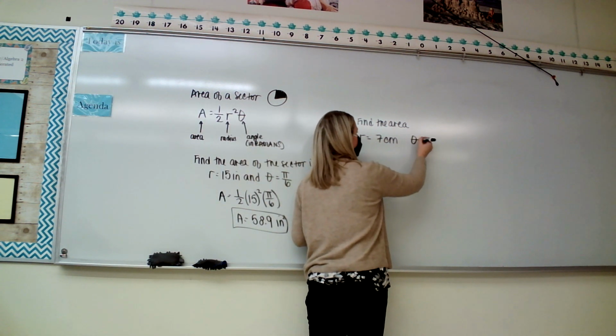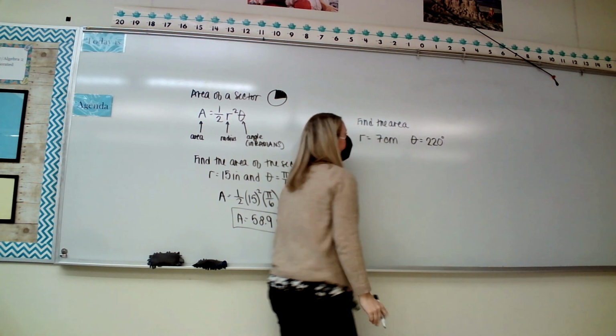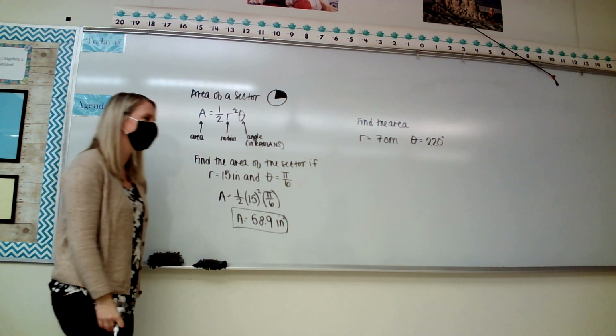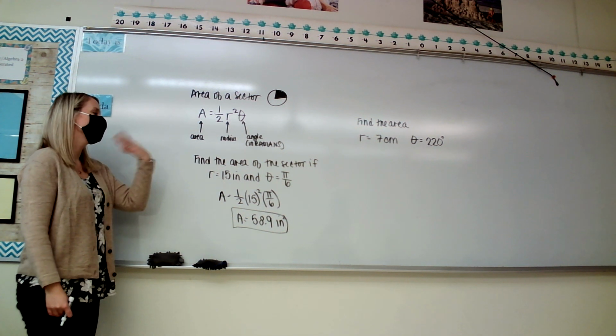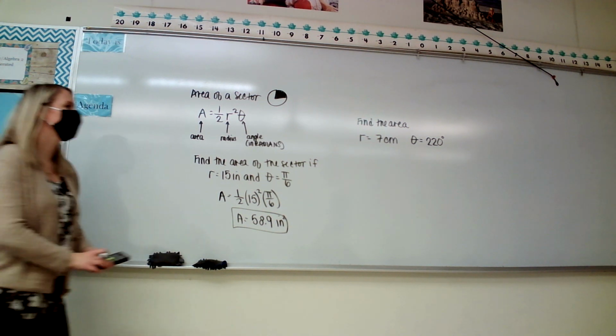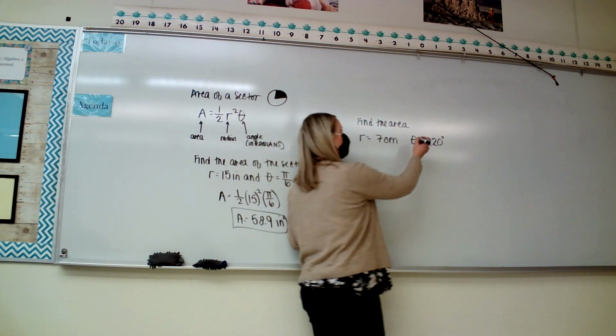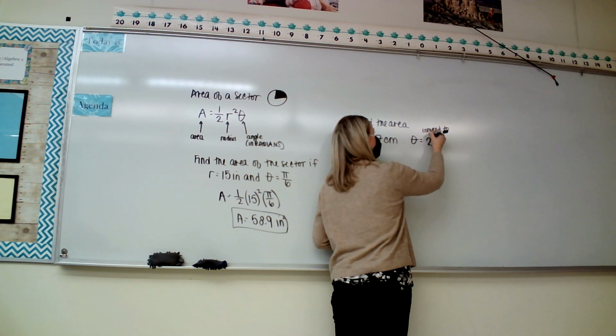In this case, my theta is 220 degrees. Kind of the same thing happened last time. Sometimes it's given in radians and you just plug it in and you're happy. Sometimes you have an extra step if it's in degrees. So we are going to convert this to radians, because remember, we can only plug radians into that formula.